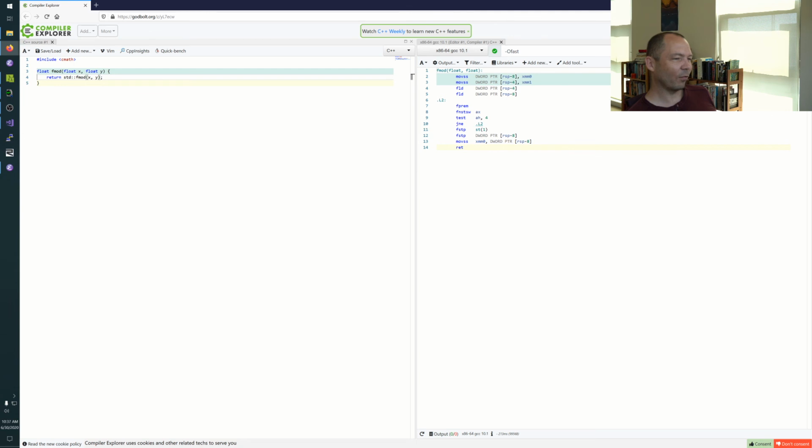This is just to return the value, because I guess the calling convention is that the float return value is returned in XMM0. So yeah, this is not a very good fmod, if we're being honest.